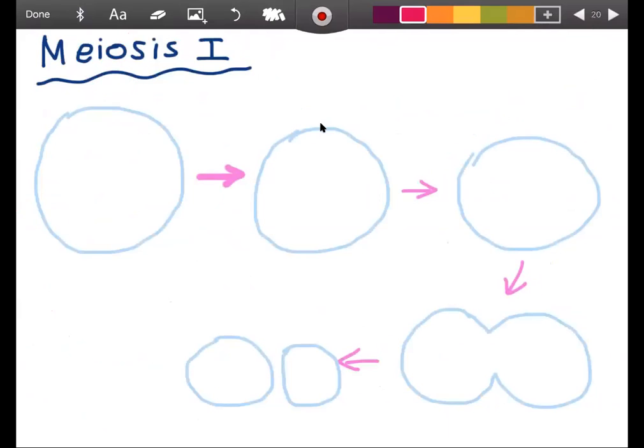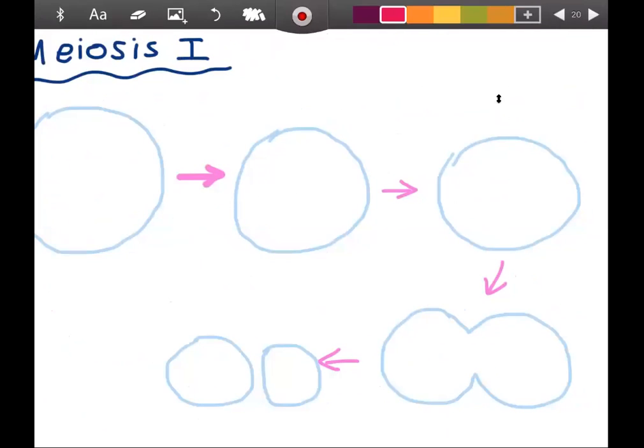I'm going to go through meiosis 1 step by step, and essentially the steps in this process are very similar to mitosis. In meiosis 1, we start with one parent cell, and the parent cell is going to have the paternal chromosome as well as the maternal chromosome.